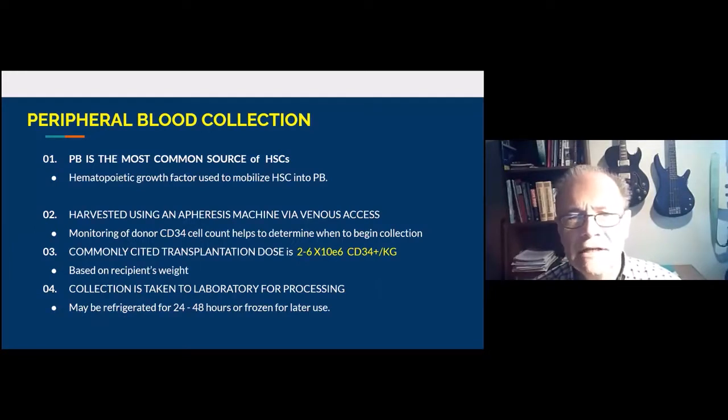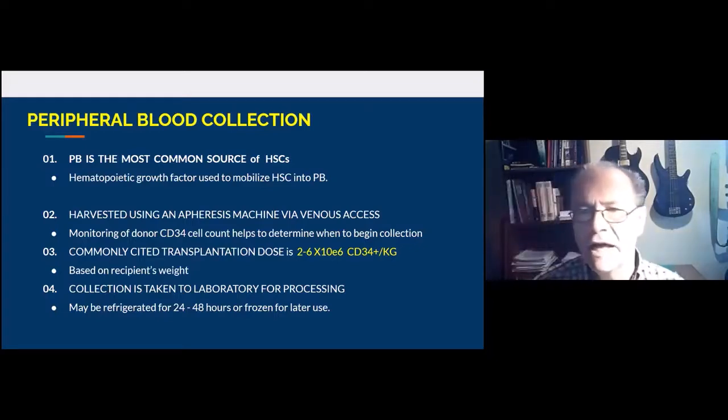Monitoring of donor CD34 positive cells can help to determine when to begin the collection. A commonly cited transplantation dose is 2 to 6 million CD34 positive cells per kilogram based on the recipient's weight, and the collection is taken to the laboratory for processing and may be refrigerated for 24 or 48 hours or frozen for later use.